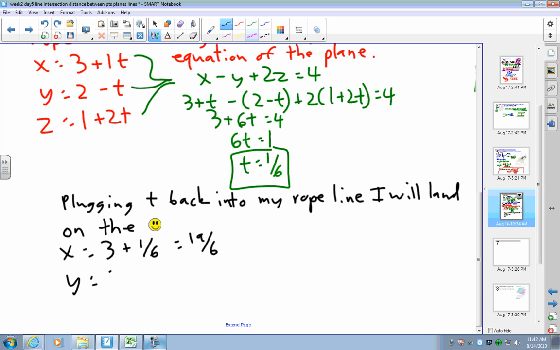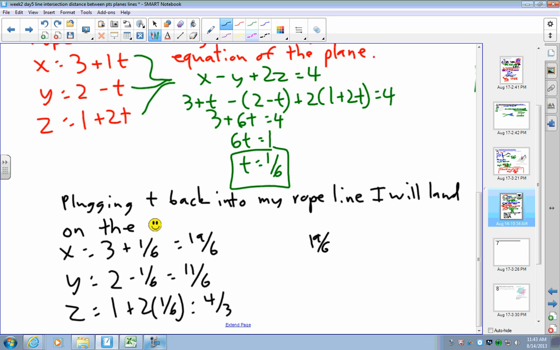Y equals 2 minus 1/6, which is 11/6. And z equals 1 plus 2 times 1/6, which is 1/3, which is 4/3. And I now have the point, and this is the smiley face. This is where the rope would land on the ground. So if I drop the rope from the treehouse, it would land on the ground right there.